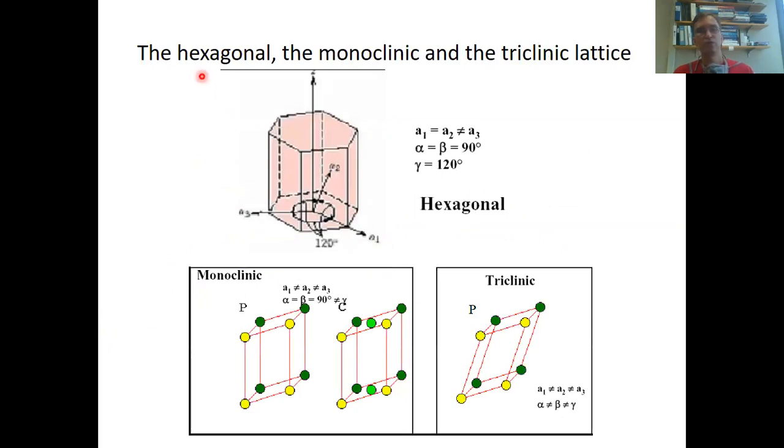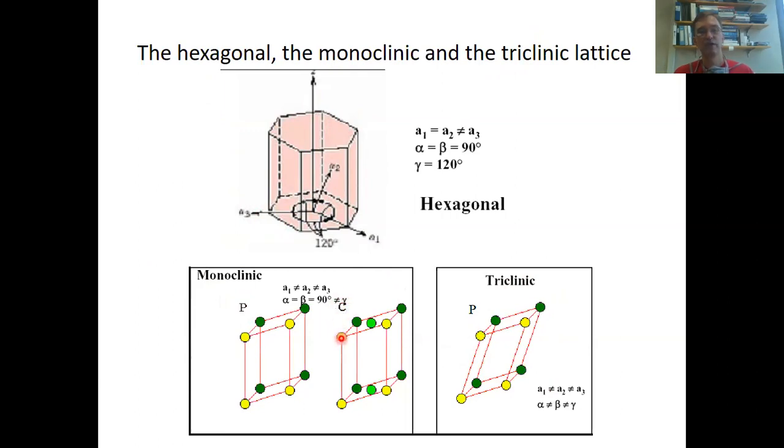Okay, so we still have the hexagonal, the monoclinic, and the triclinic crystal system to consider. For hexagonal, we have only a primitive cell possible. The same for the triclinic case. In the monoclinic case, in addition to the primitive cell, we can also have a C-centered cell.